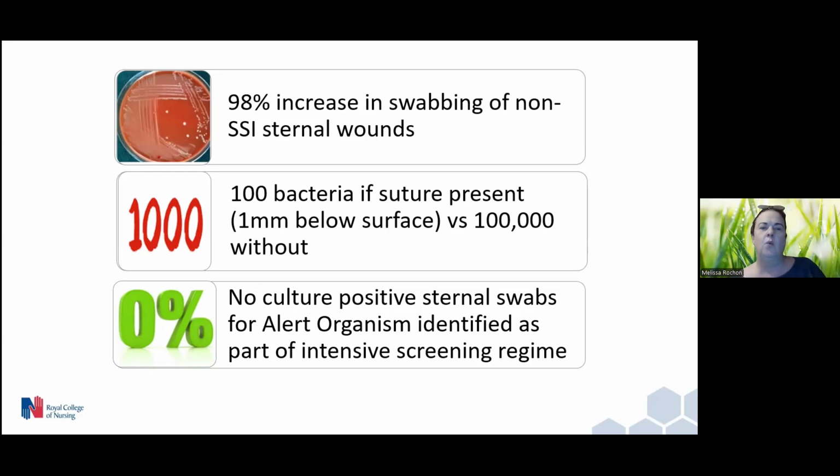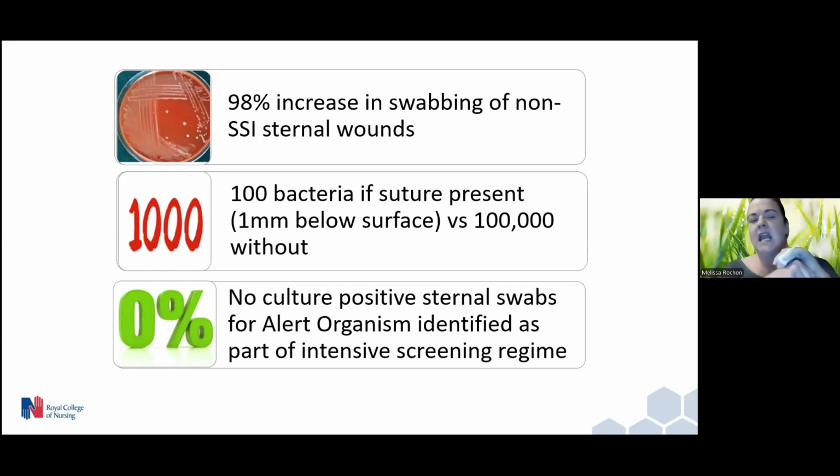So we started to think, maybe this mechanical disruption, the nurses rubbing or poking along the incision with the swab, trying to get something like a bit of exudate, because we know swabbing a dry wound isn't really useful, but they were constantly manipulating these wounds.